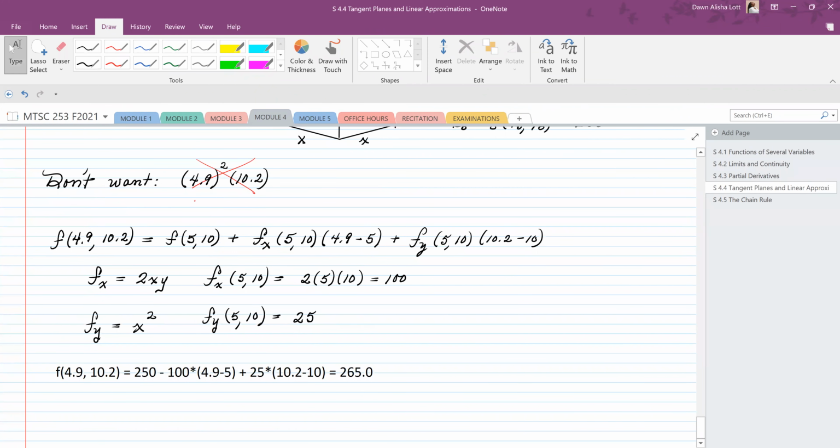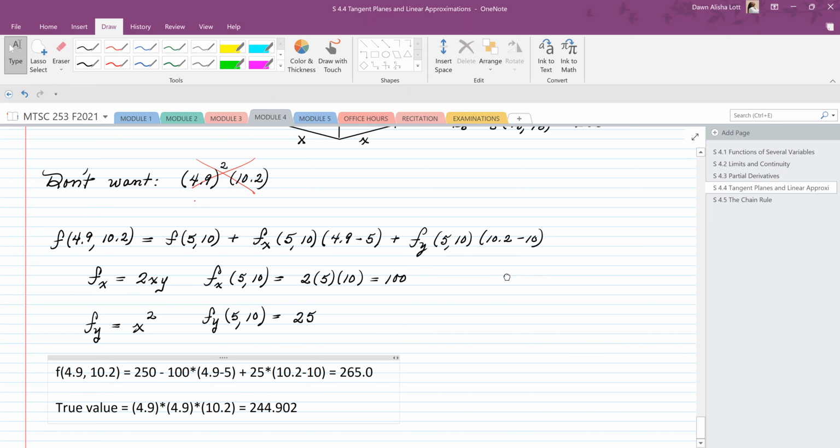What's the true value? So let's just calculate it. The true value would be 4.9 times 4.9 times 10.2. Oh, that's a terrible estimate. What did I do wrong?